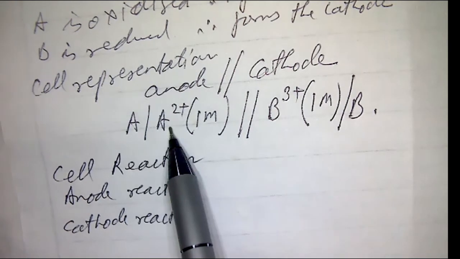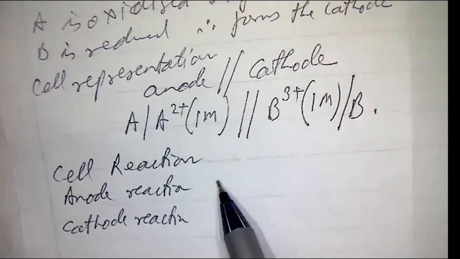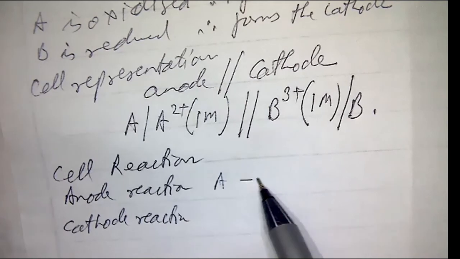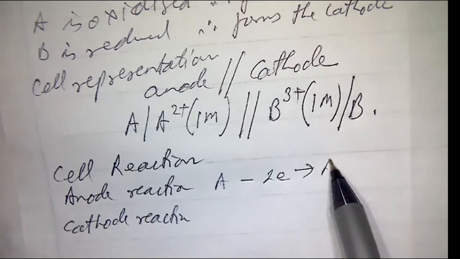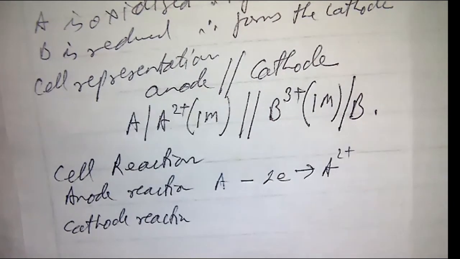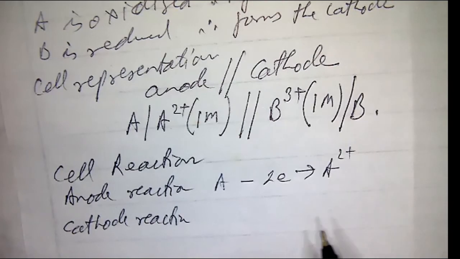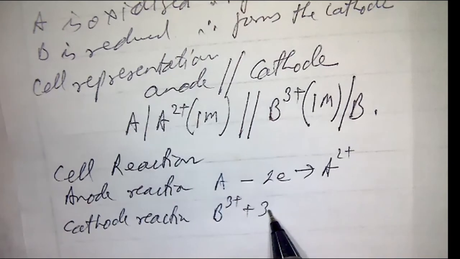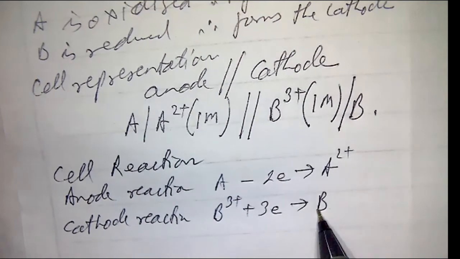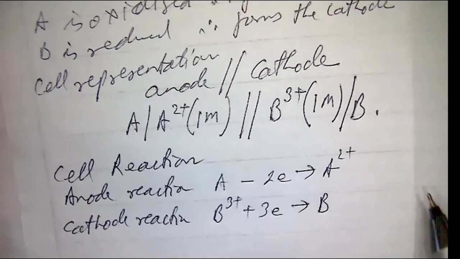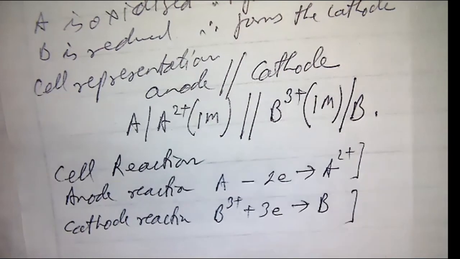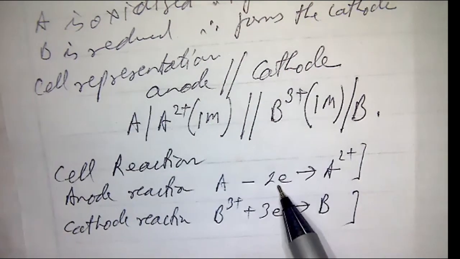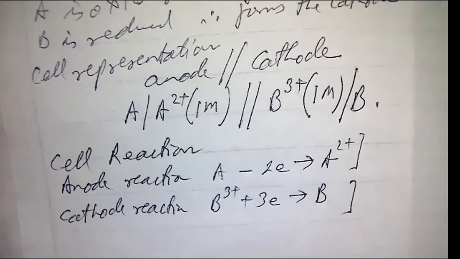Anode: A becomes A2 plus, so A loses 2 electrons. Cathode: B3 plus gains 3 electrons and forms B. The number of electrons here is 2, here it is 3, are they the same?